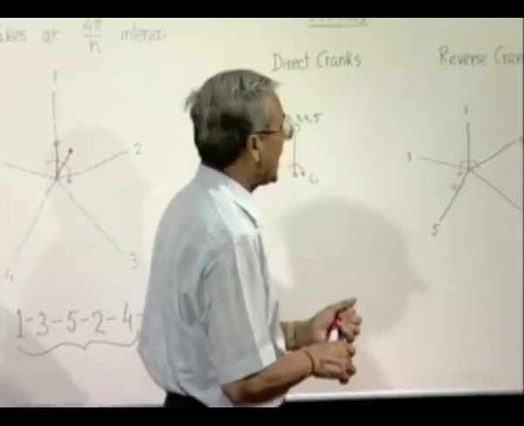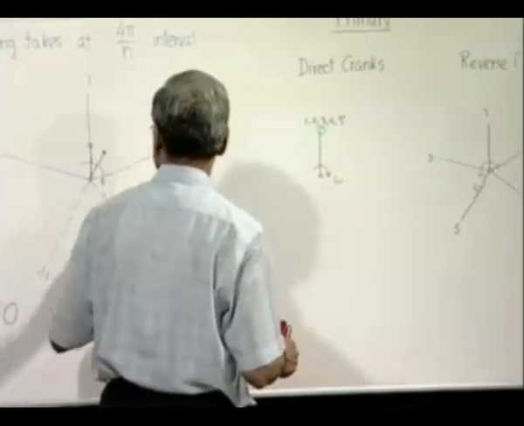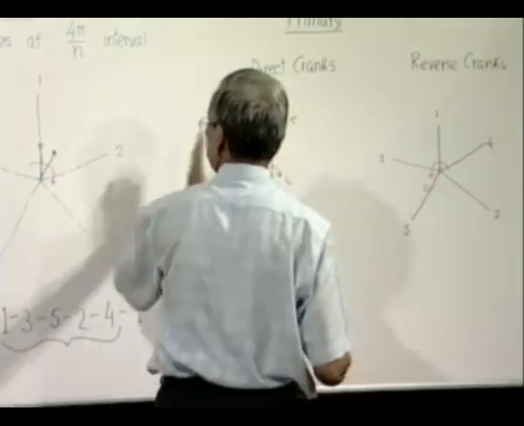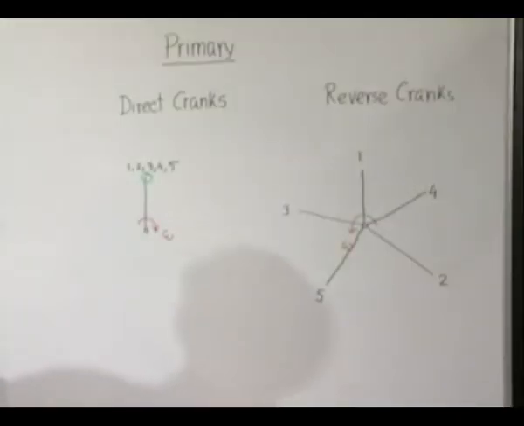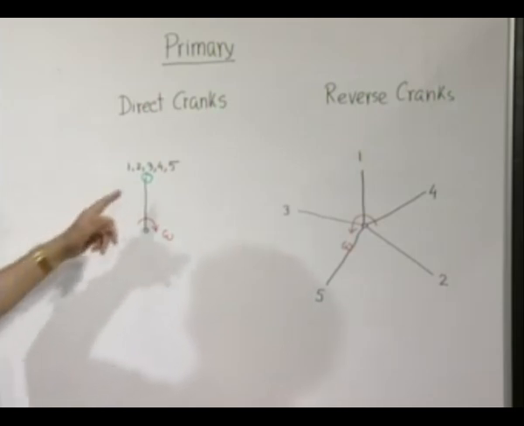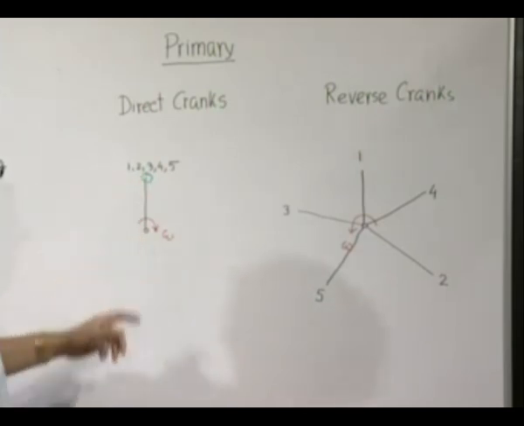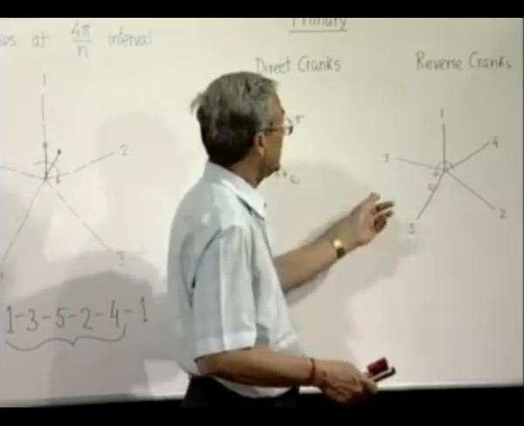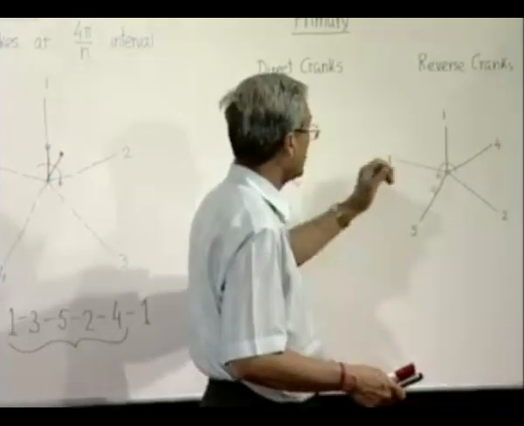So the reverse cranks of these 5 cylinders we can do like this. If the direct crank, which is the actual crank at a particular instant, is say at 1, then all the direct cranks are here, and the reverse cranks will be the mirror image about the particular cylinder's center line.